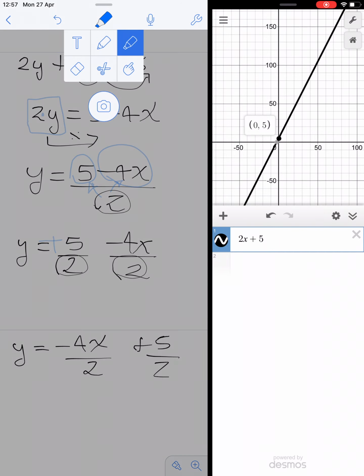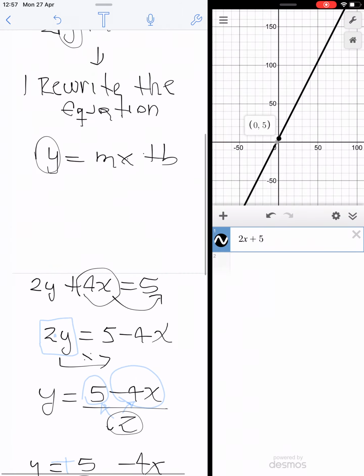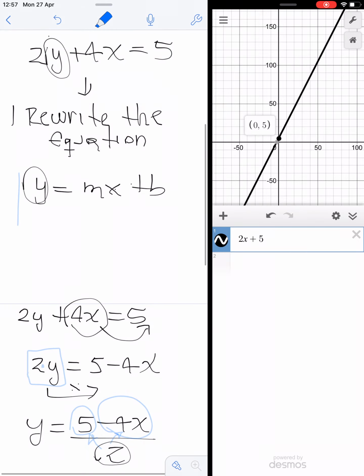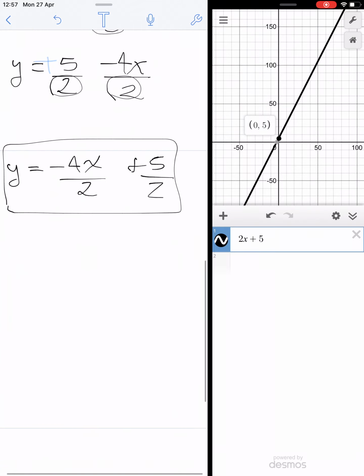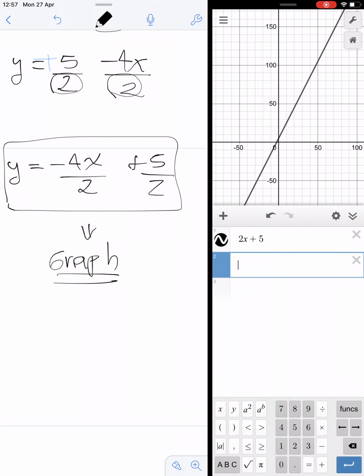And then if you see, this expression is similar to the slope intercept form. The idea of doing this is getting the expression and then graphing the formula.